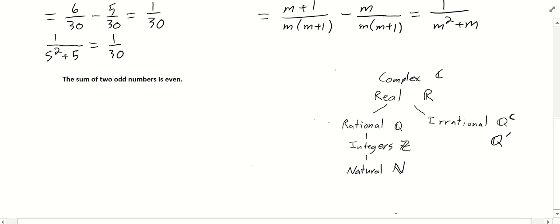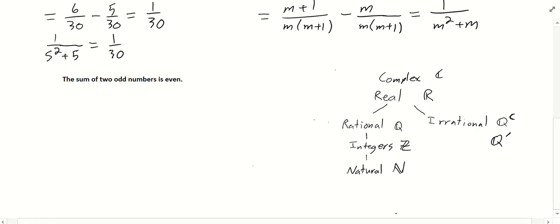Integers, I don't know why we use a Z. There's probably a reason. If you find out, let me know. And irrational numbers are the set of real numbers that aren't rational. So here we can use a Q with a little c up here, that's Q complement. This down here is an alternate way of writing that.